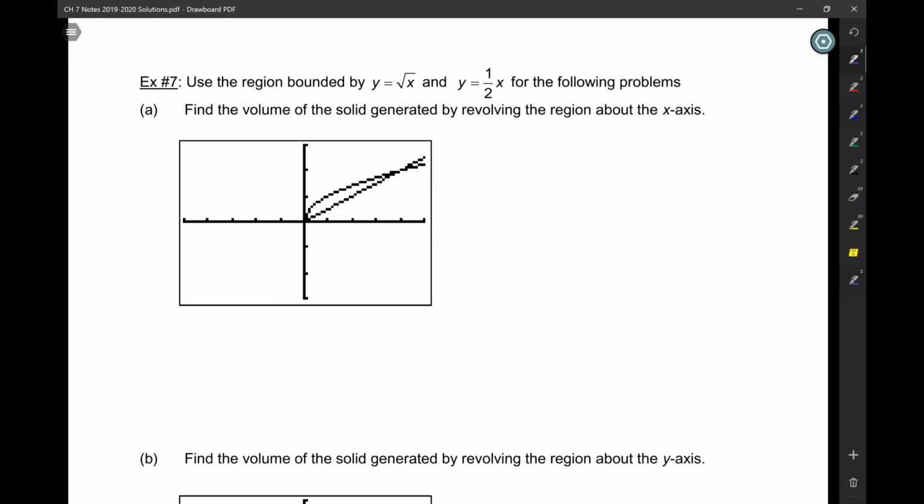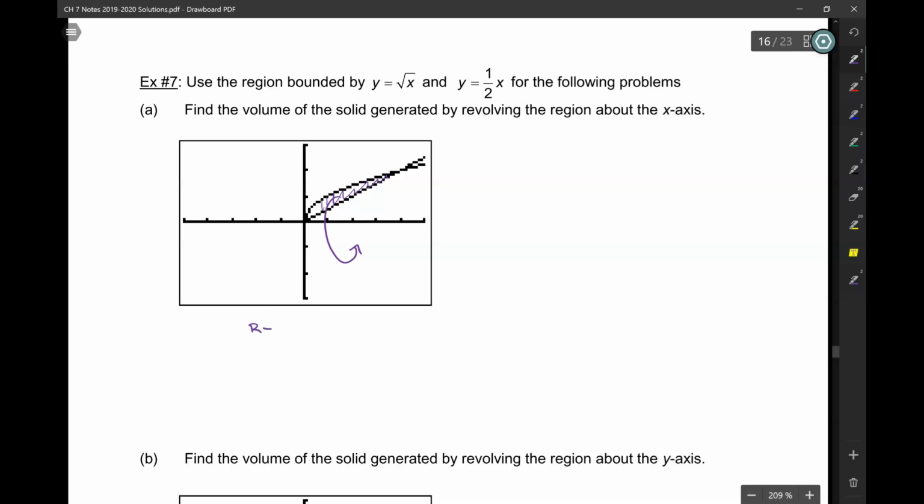Okay. So the region bounded by root x and half x. This is the region, and we're gonna rotate it around the x-axis. So again, you have two functions. It's like a sliver, meaning it's gonna be capital R minus lowercase r.